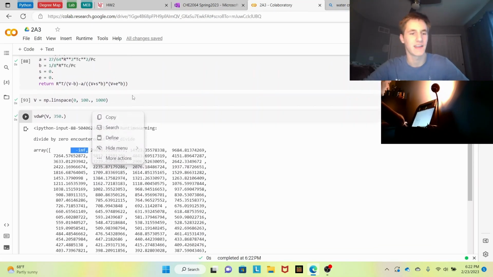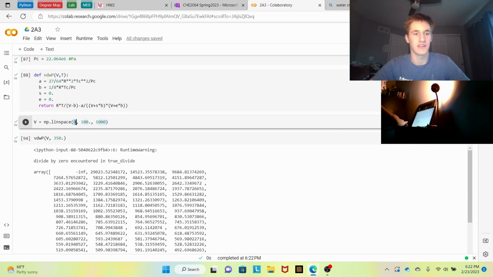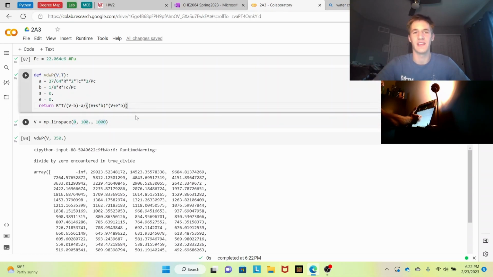Now, why is that? Well, in this case, epsilon times V and sigma times V are both 0. So this bottom part ends up just being V squared, and V squared is 0 when volume is 0. So we get infinity.